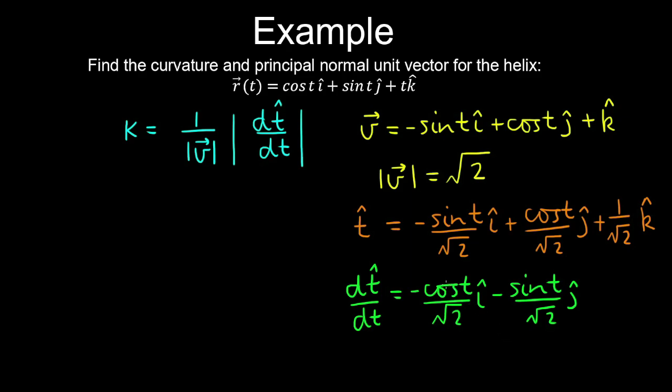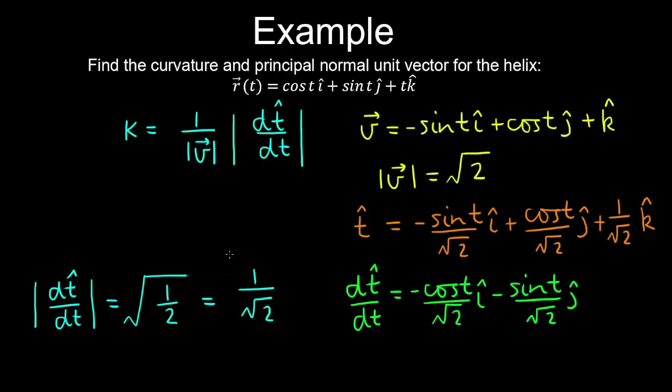And therefore the magnitude of this vector is equal to the square root of 1 on root 2 squared, which is the square root of a half, or 1 on root 2. So the curvature of this helix is 1 on root 2 by 1 on root 2, or a half.